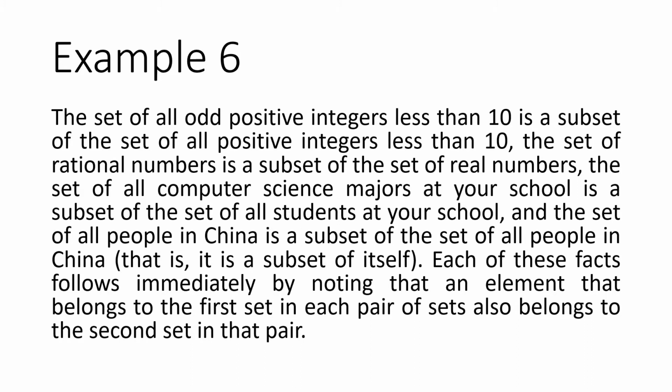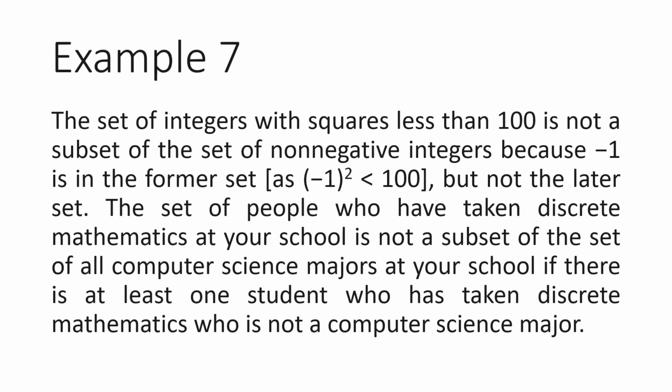Each of these facts is shown immediately by noting that an element that belongs to the first set in each pair also belongs to the second set in that pair. So let's have this one. The set of integers with squares less than 100 is not a subset of the non-negative integers, because negative one is in the former set.